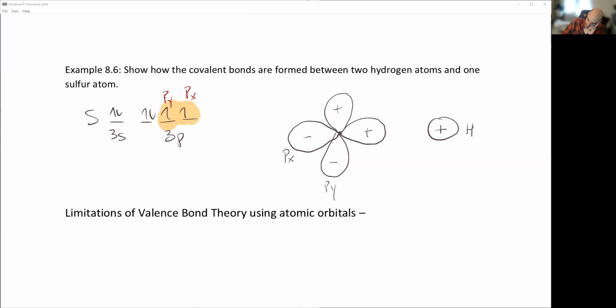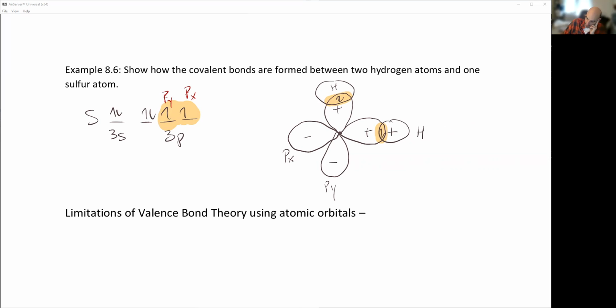If I bring that in, that can overlap with this one, and we're going to have some bonding. And the same thing for the other one. We're going to have overlap up here. There's my hydrogen that's going to overlap, and we have bonding.